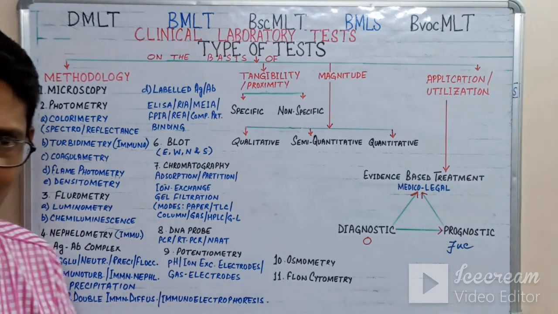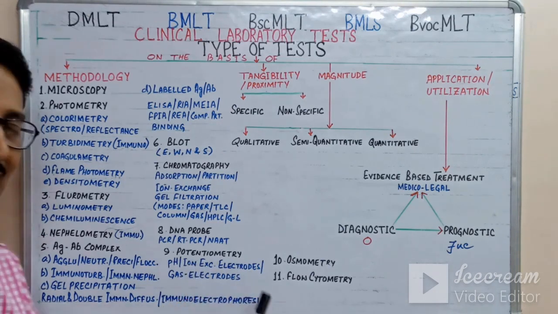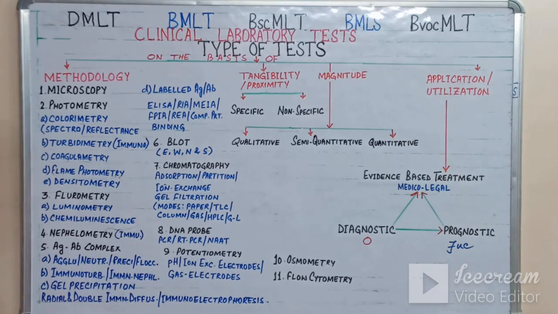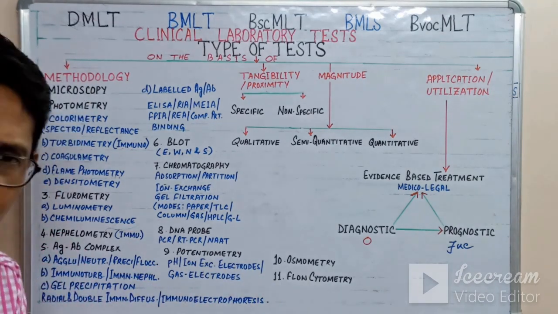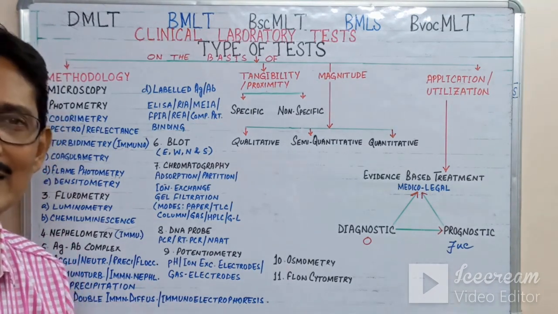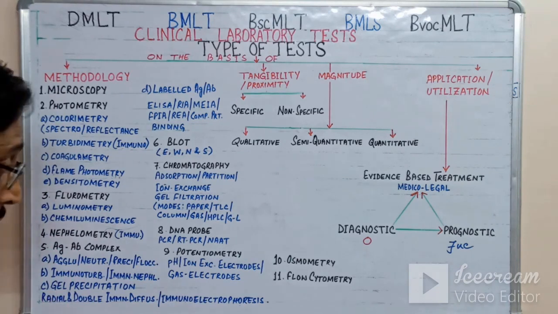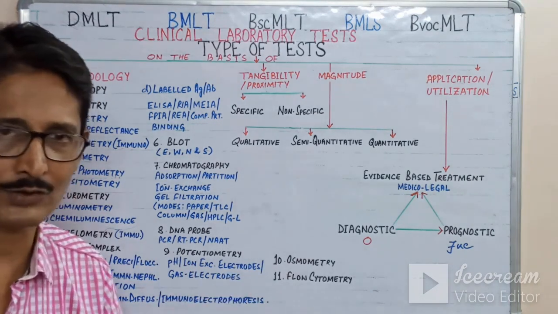Now the potentiometry. In potentiometry, there is the pH meter for the measurement of pH, and ion exchange electrodes. Some of the components in our blood, inorganic components or organic components or some other components, reside in our blood in ionic form. So to measure the ions, we use these ion exchange electrodes.